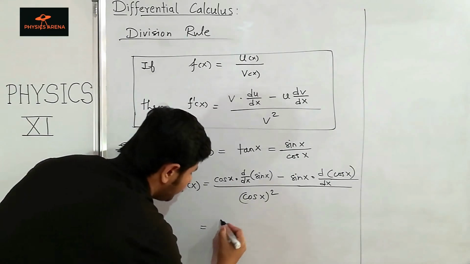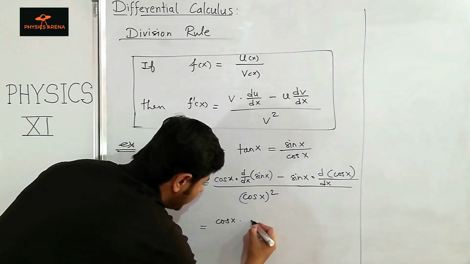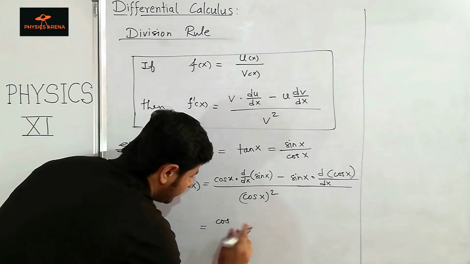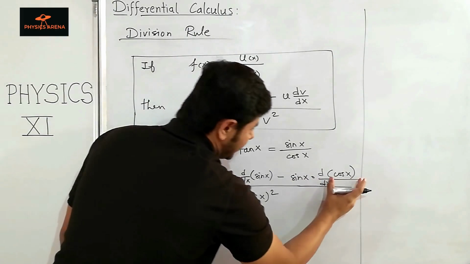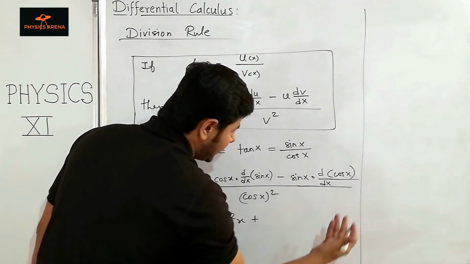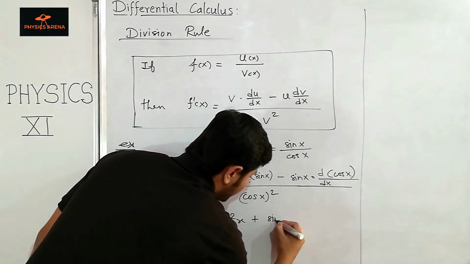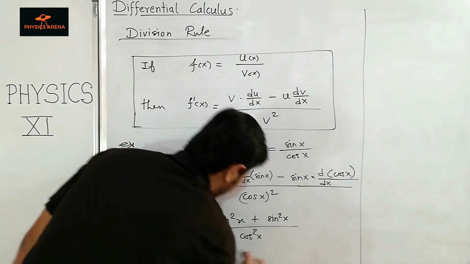So we get cos x into this cos x, so it is cos square x, plus, and minus sin x, and the derivative of cos x is also minus sin x, so minus sin x squared, which is sin square x, divided by this cosine square x.